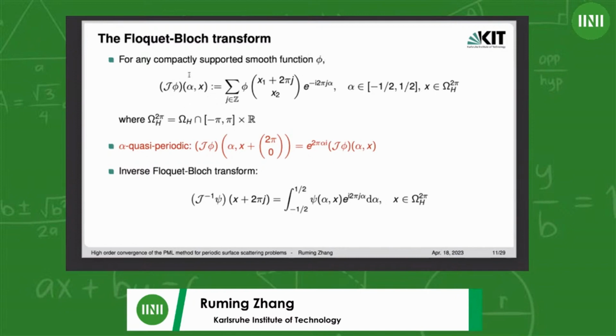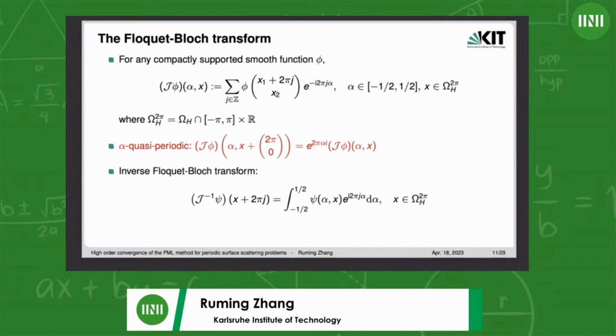Then we define the Floquet-Bloch transform as this infinite series. You can understand it as a generalized Fourier series. Instead of the normal Fourier series where the Fourier coefficients are numbers, here the Fourier coefficients are functions, but the functions are repeated periodically. So this is the definition.